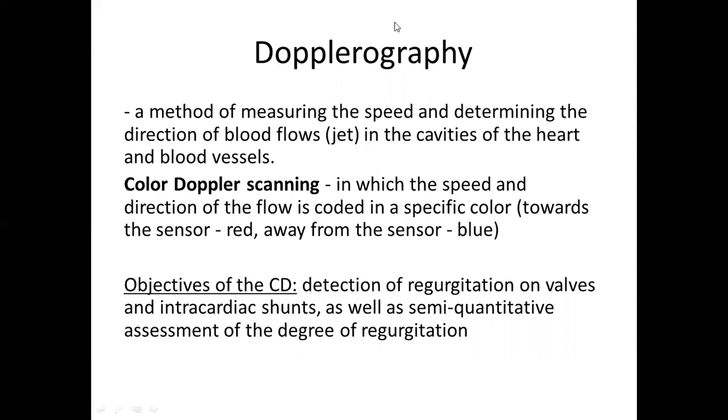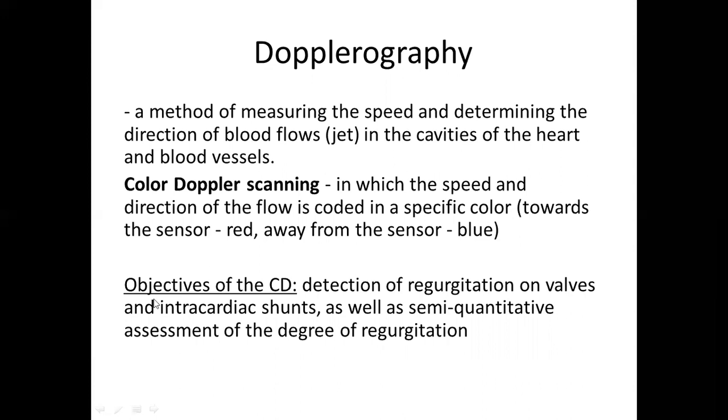We actually have many types of Doppler. One of them, this is only one example, is color Doppler, which can help us determine the direction of the blood flow. Flow towards the probe is going to be the red color, and away from the probe is going to be the blue color.